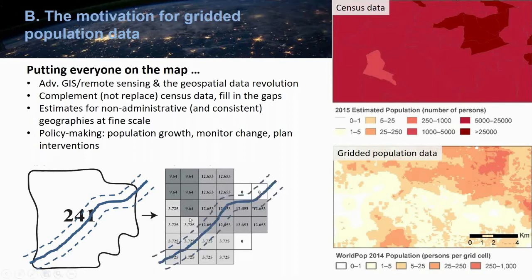Should we be successful in gridding population into these grid cell level estimates, we are able to provide these kinds of estimates at fine resolution. If these population grids are reliable and accurate, then we can have a lot of confidence about how many people are living in close proximity to our target feature.